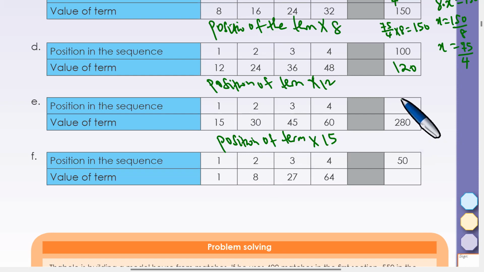So what is it that you can multiply by 15 to get 280? So you can say 15 times x gives 280. And then x is 280 divided by 15. What is 280 divided by 15?